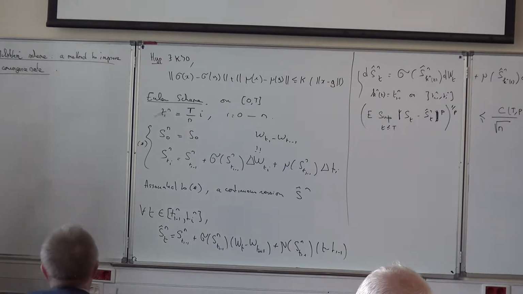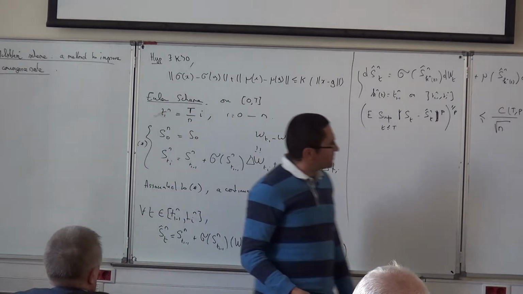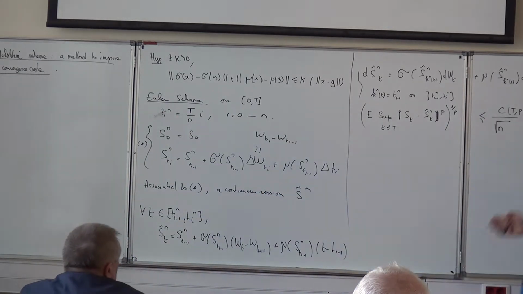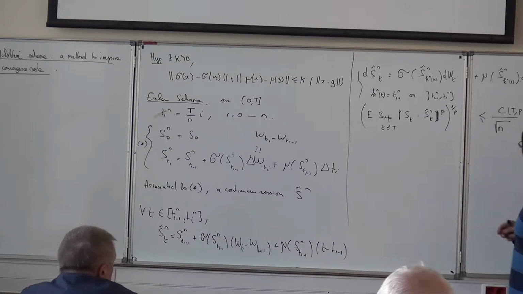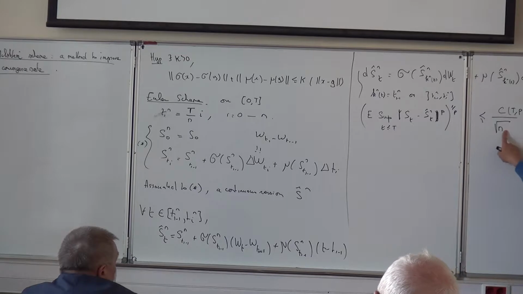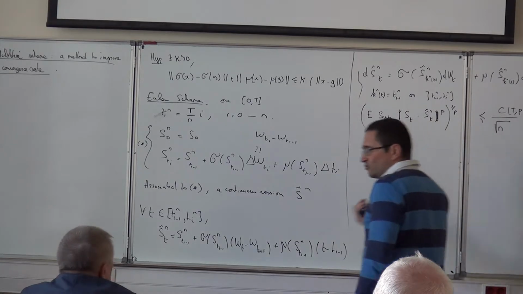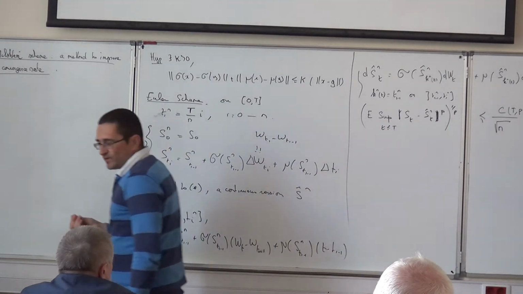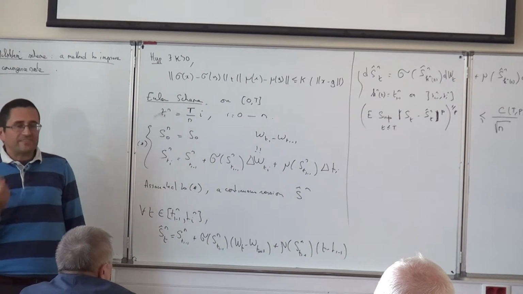So we need to understand how, actually in general, we just obtain a convergence rate which is of the order square root of n, and then if we want to improve this convergence rate, we need to understand what is the best thing to do.